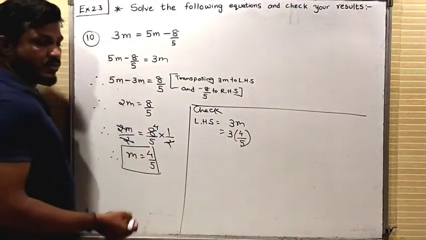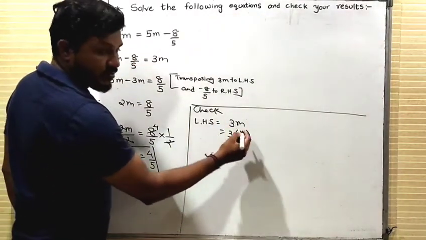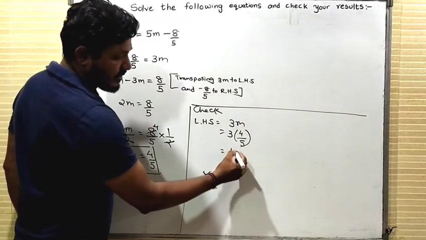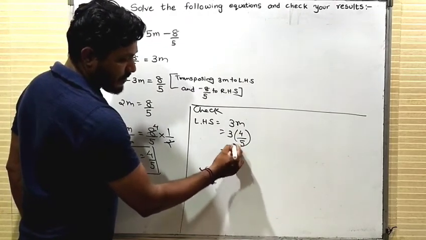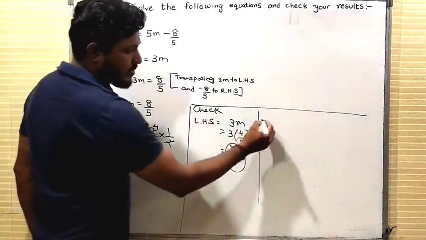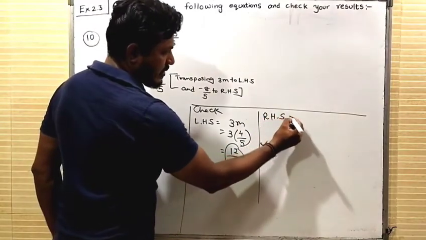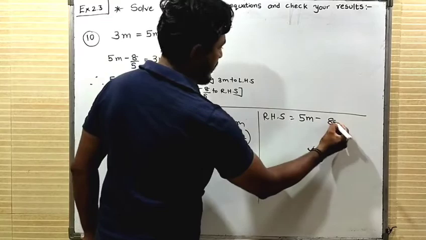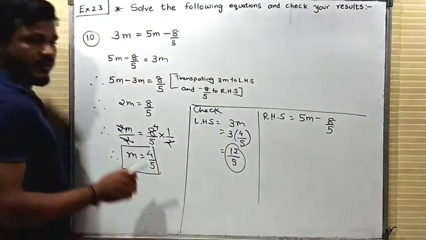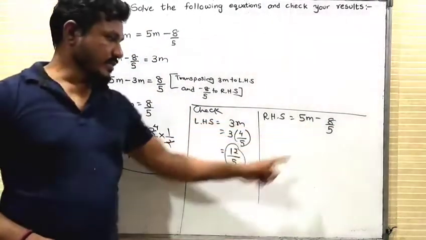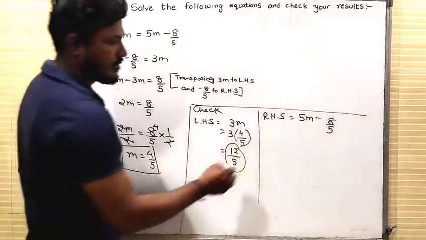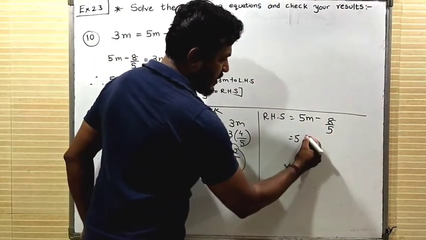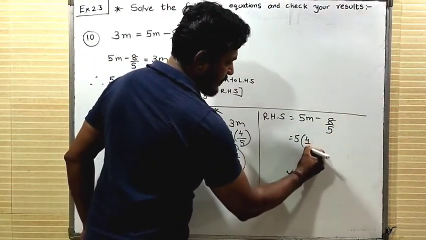Here cancellation is not possible, just do multiplication. 3 4s are 12 by 5. Now let us see your right hand side, which is 5m minus 8 by 5. Now substitute the value of m, that is 4 by 5. So in place of m, write down 4 by 5.